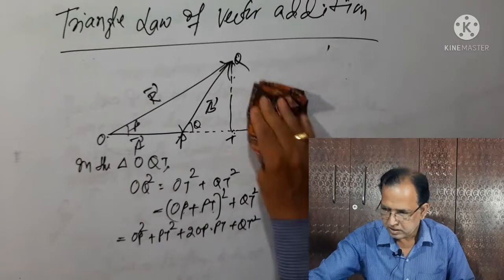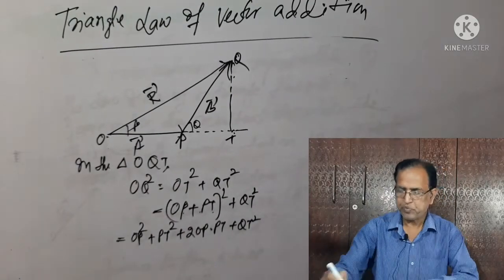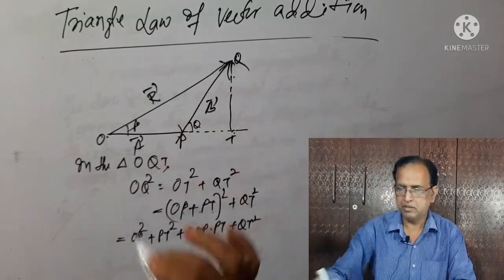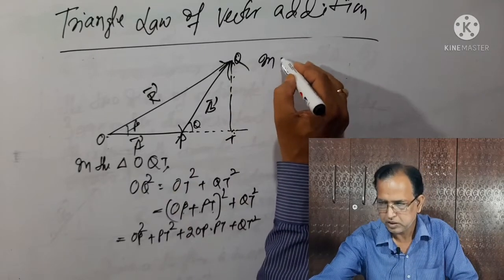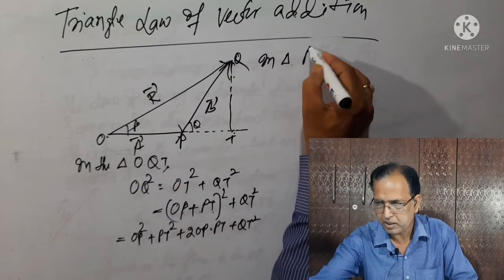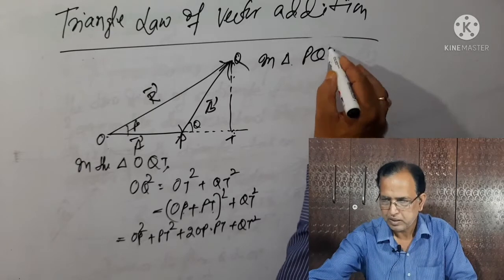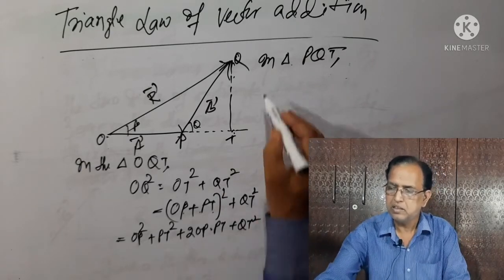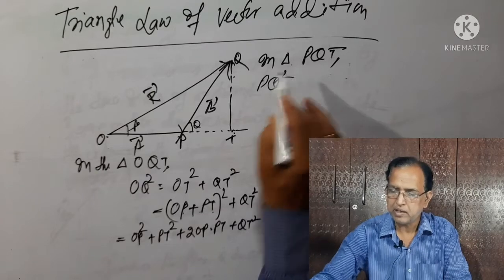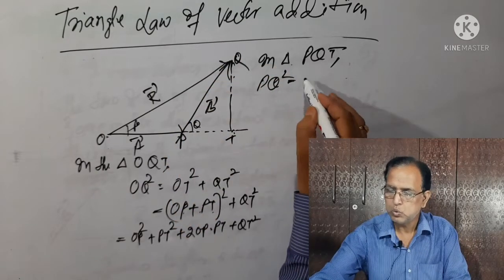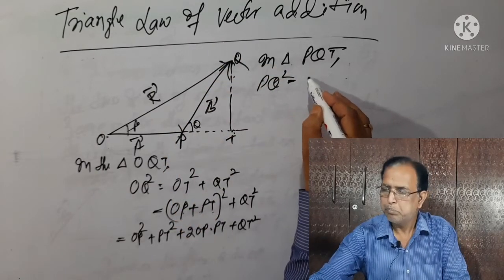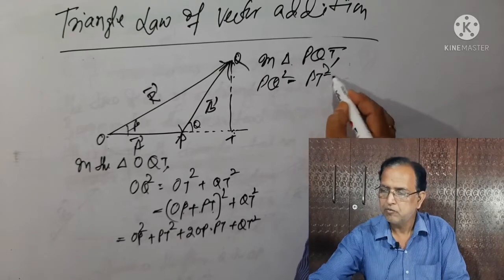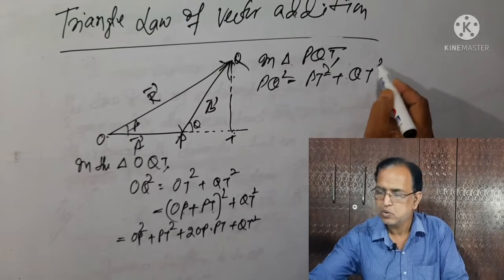Now in the triangle PQT, this is also a right angle triangle.